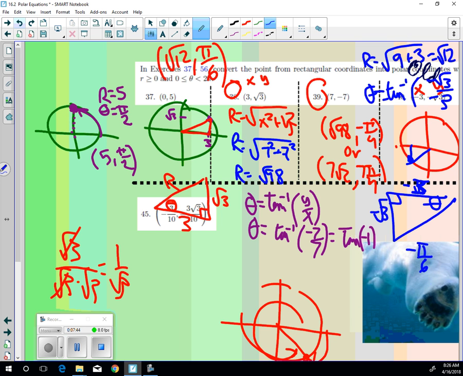I think. Or no, this is just going to be pi over 6. And so this angle, I think, is pi over 6 past pi, which is going to be 7 pi over 6. So my answer is going to be square root of 12, and then 7 pi over 6. Anybody get that? That's a tough one.